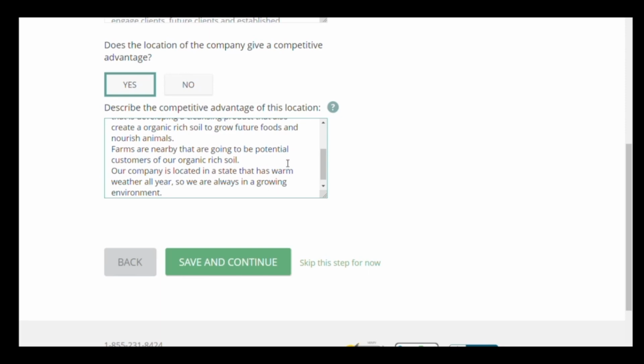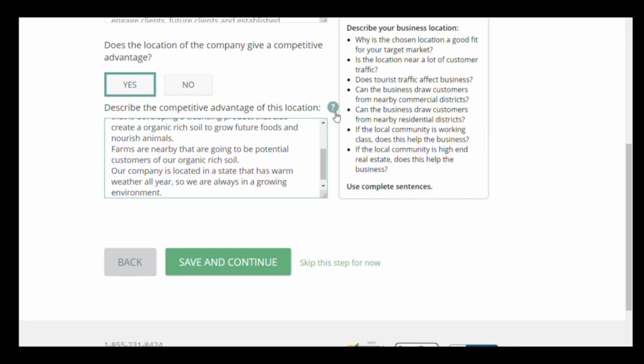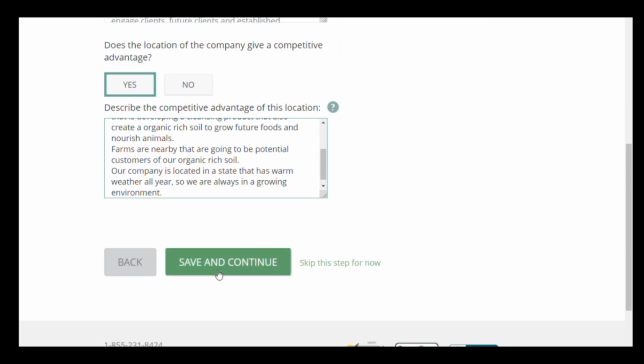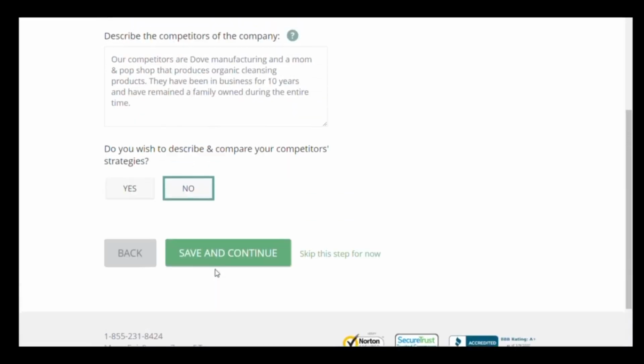Whatever the competitive advantage is for your company, you want to highlight that in this area. Again, the question marks on the side are very great for hints and useful tools to help you when you're responding to these questions. So we want to push save and continue.